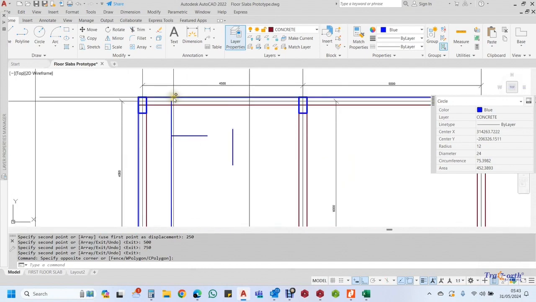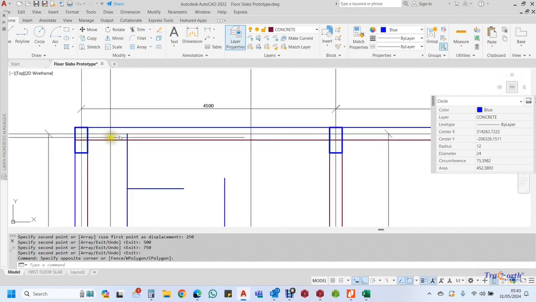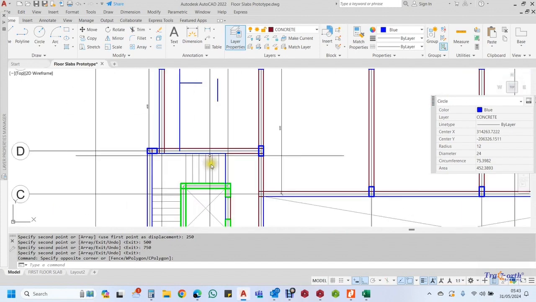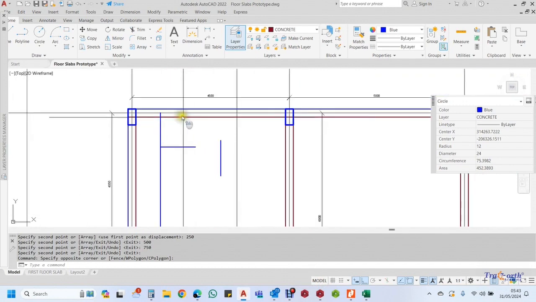What we are saying is that because the edge, the long span here, which is bounding the short direction, this edge is not continuous. For your short direction, your short span, the moment here is assumed to be 0.